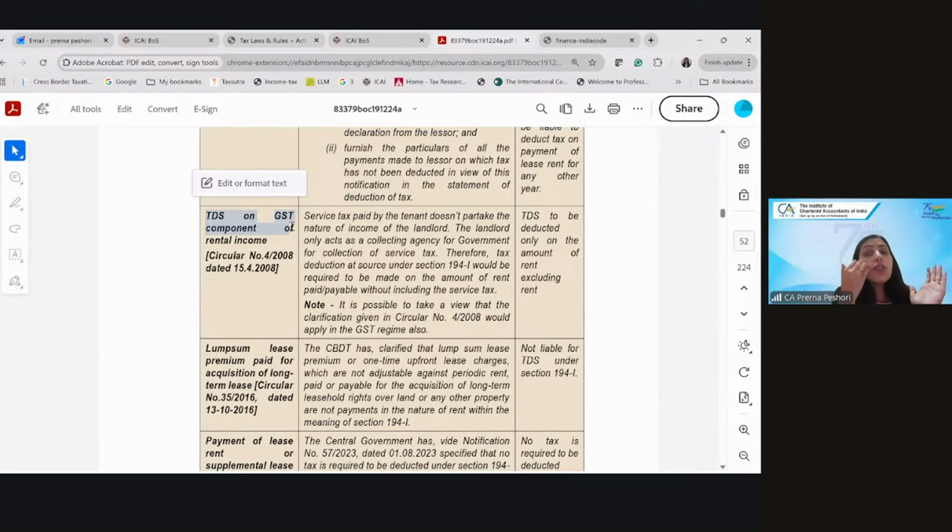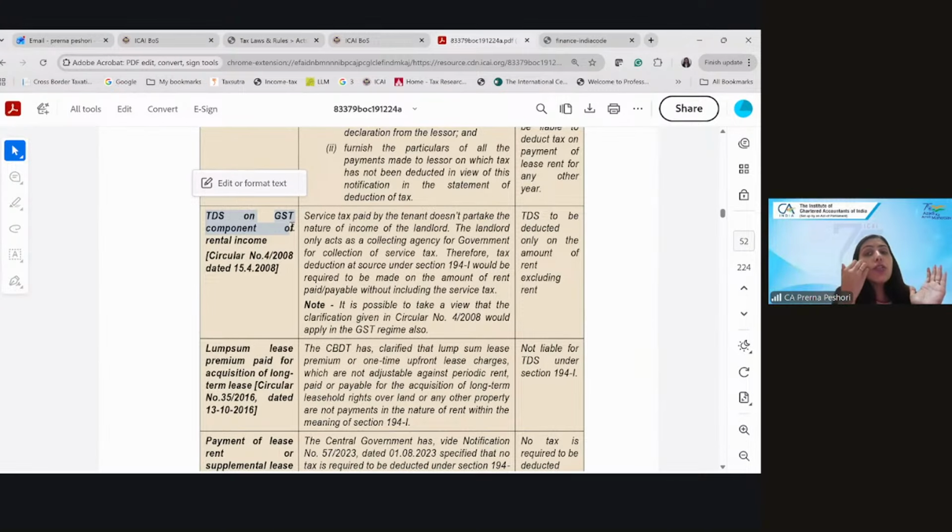Fine. Next is lump sum lease premium paid for the acquisition of a long-term lease. Sometimes you pay a lease premium for acquiring land or building on a long-term lease of 99 years, 100 years, like that.